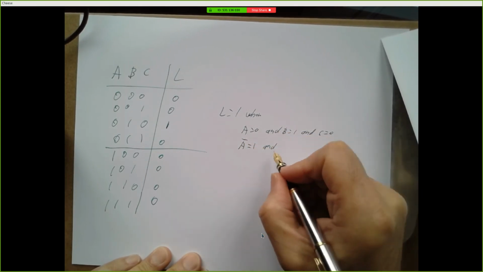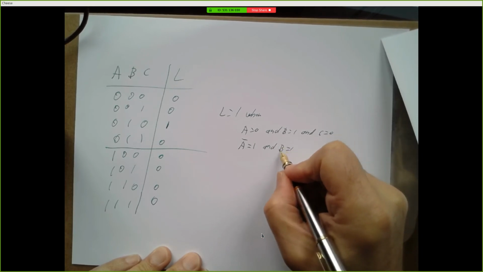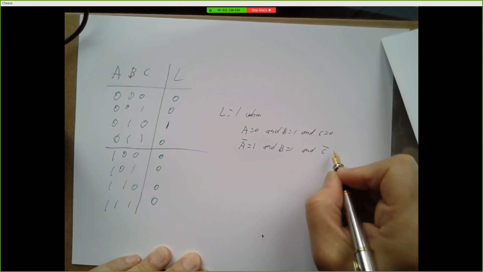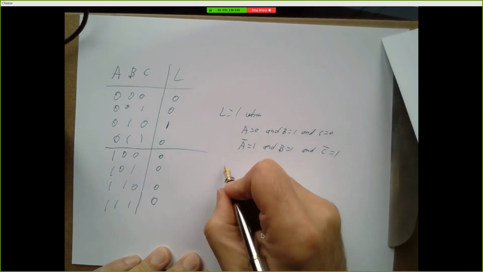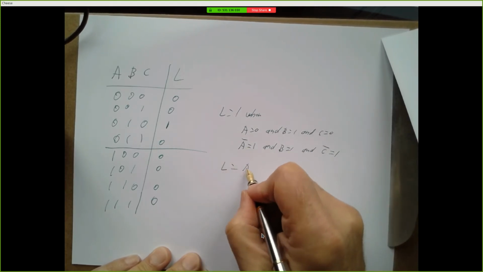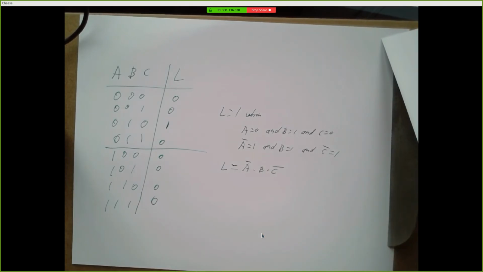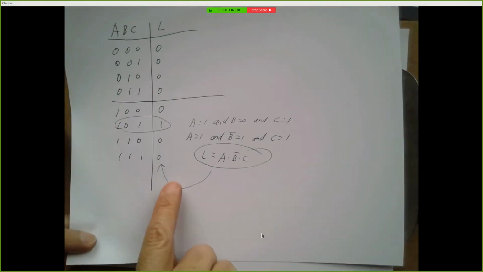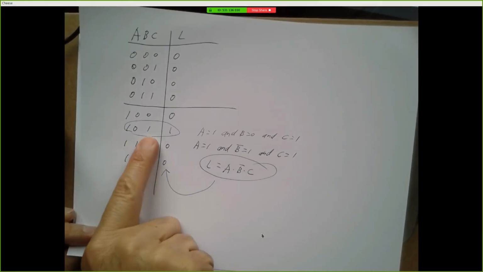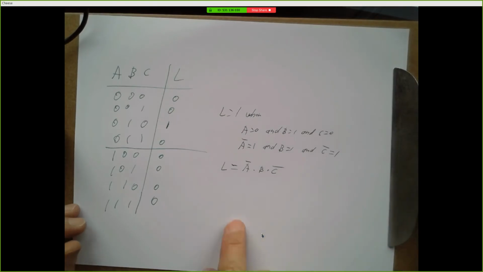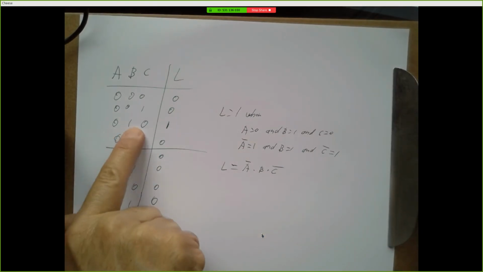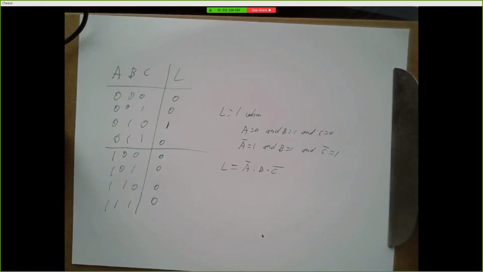So we want A bar to be 1, we want B to be 1, and we want C bar to be 1. And so we just want the AND of these 3 things, A bar ANDed with B, ANDed with C bar. So over here, the equation was L equals A, B bar, C. In this case, the equation is L equals A bar, B, C bar.